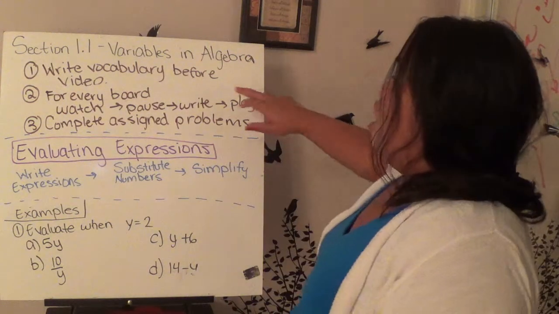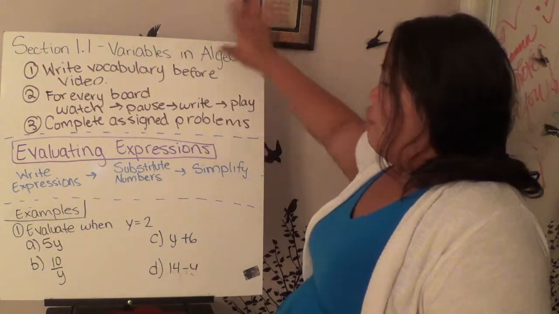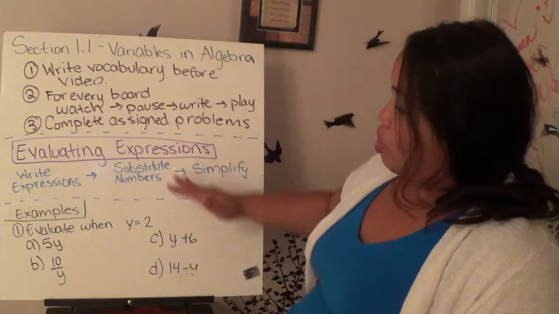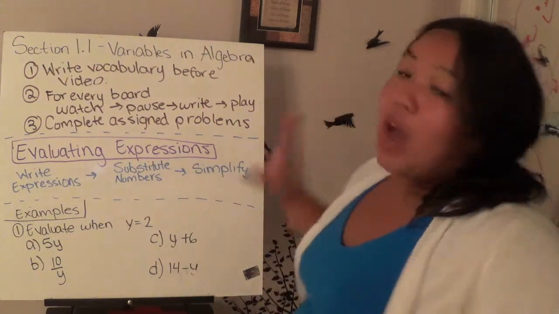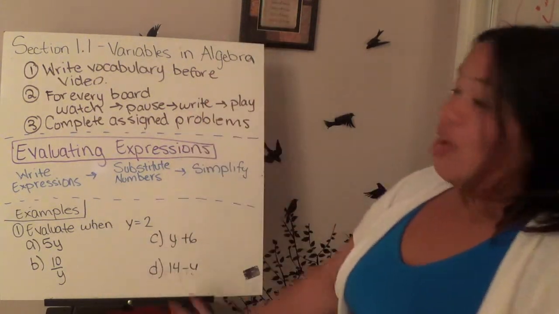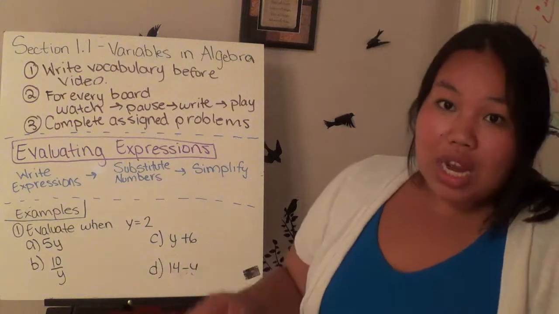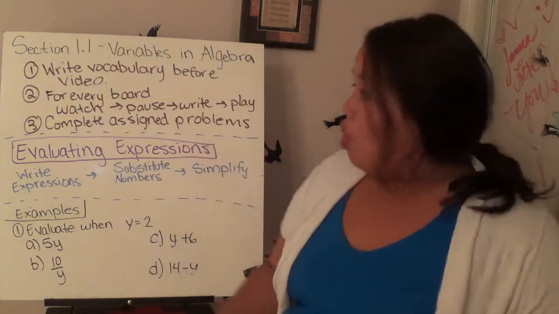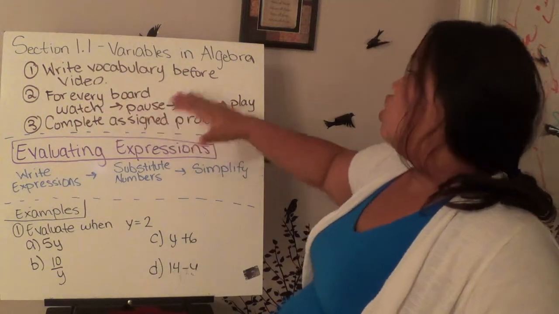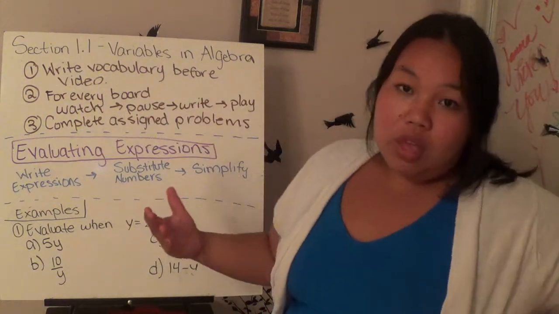The second thing for you to do is, every board that I have, I'm going to go through examples. When I'm done with the board, you're going to pause and write down everything that's on the board. Once you're done writing it down, play it, and we'll go through the next board. So for every board, you watch, pause, write down, and then play.